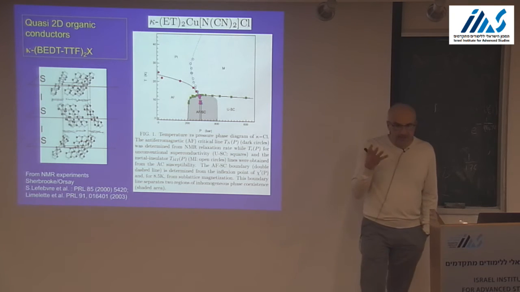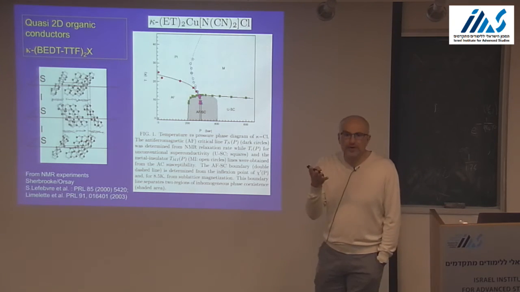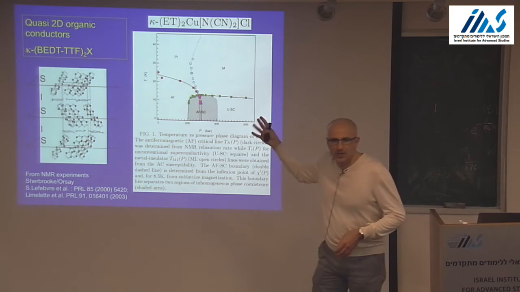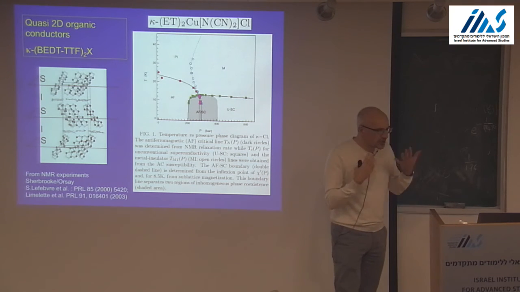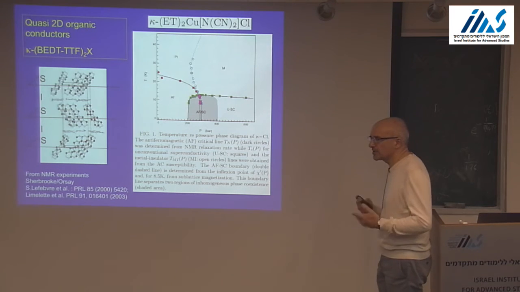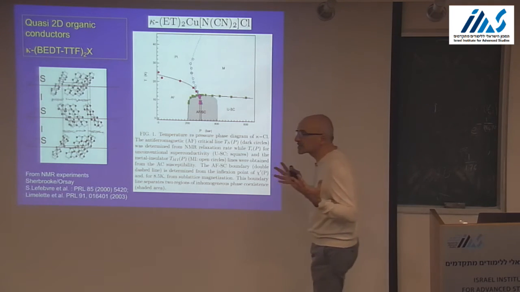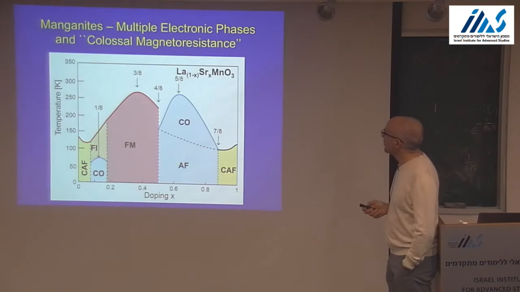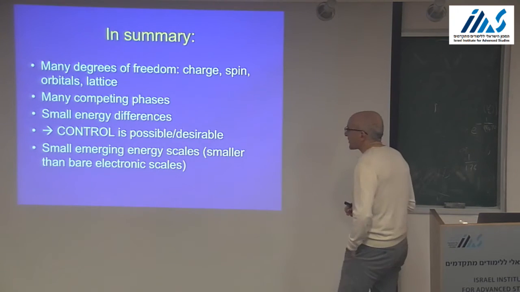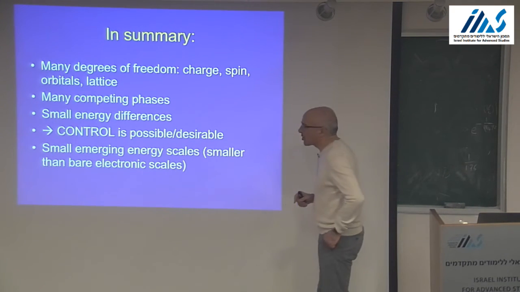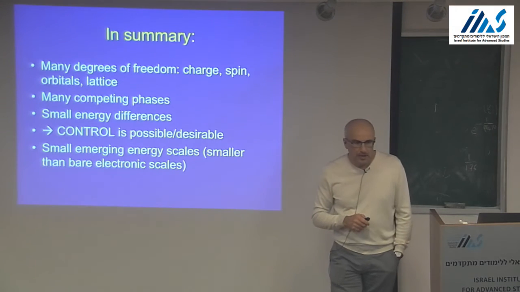But if you compare this 14 Kelvin to the bandwidth of this molecular metal, which is fairly small, then this is also, I think, something that should be called a high TC superconductor. So high TC superconductivity is another of these big things that strongly correlated materials do, and the reason why we are interested in those.